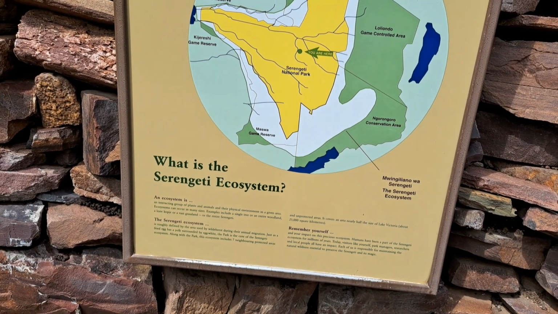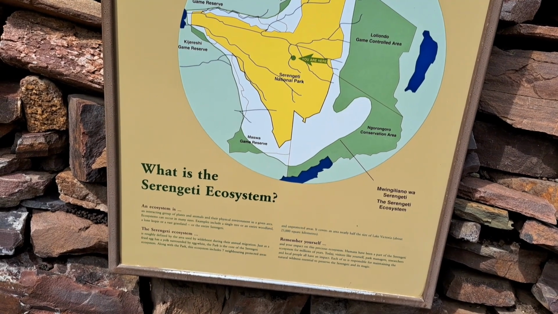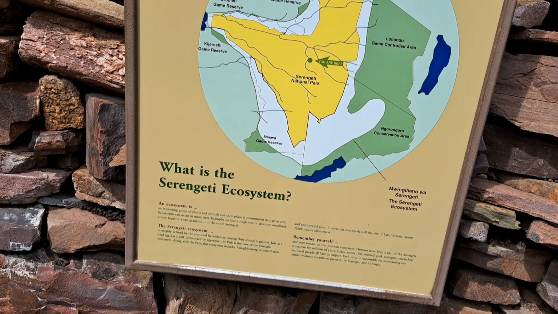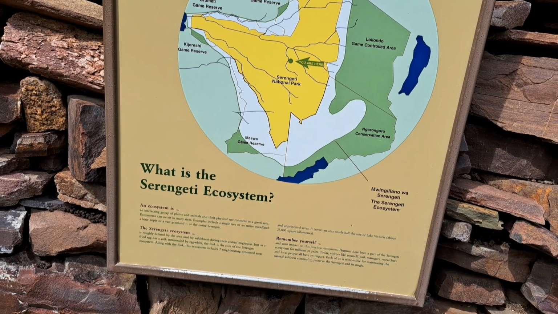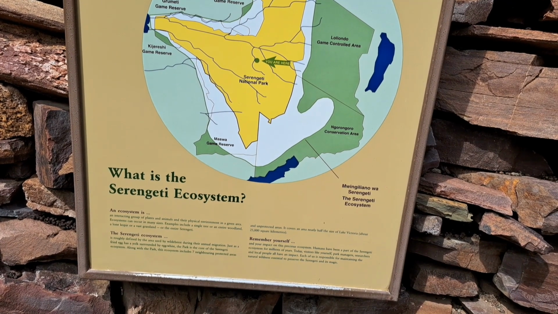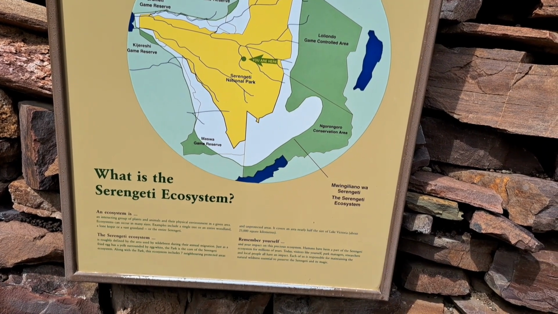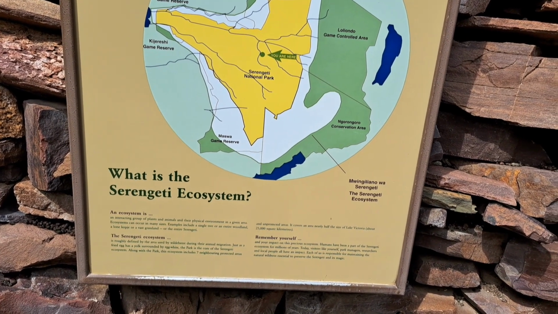Just as the fried egg has a yolk surrounded by egg white, the park is the core of the Serengeti ecosystem. Along with the park, this ecosystem includes 7 neighboring protected areas and unprotected areas. It covers an area nearly half the size of Lake Victoria, that is about 25,000 square kilometers.